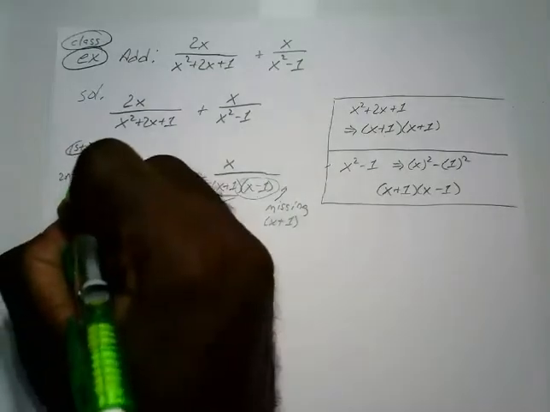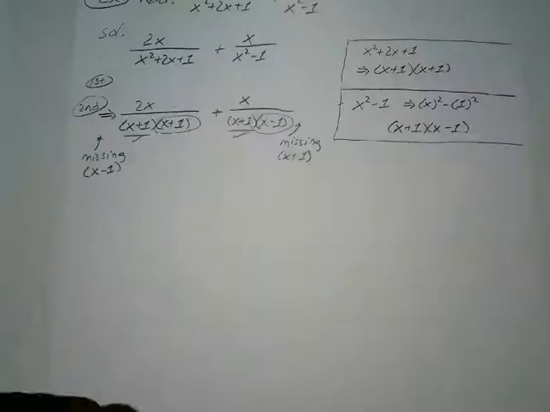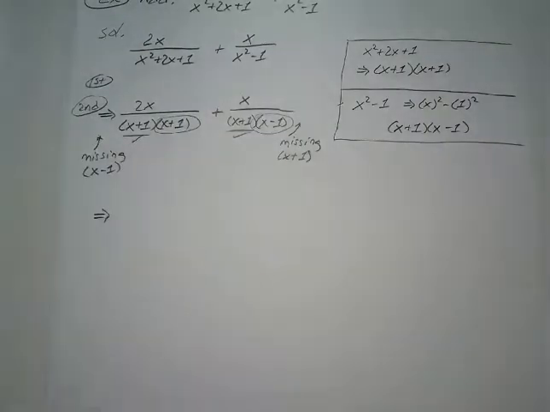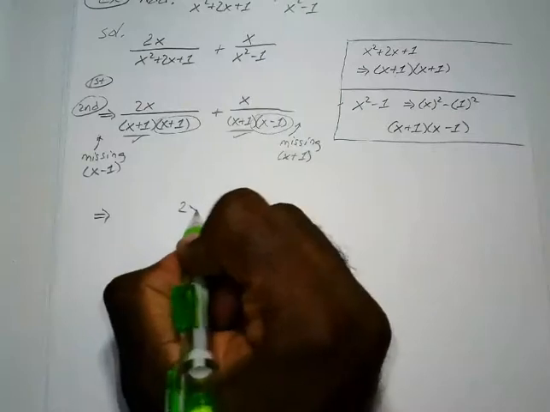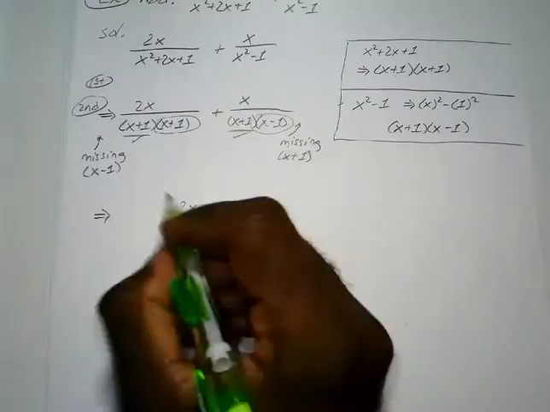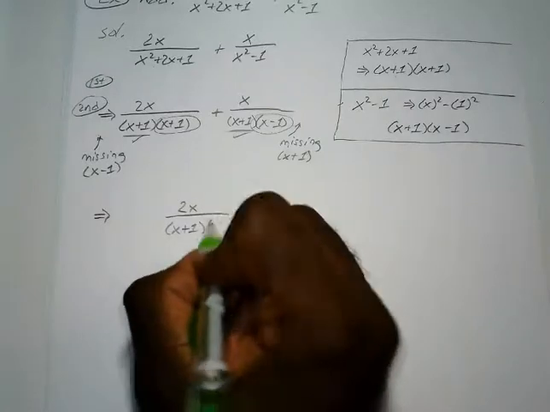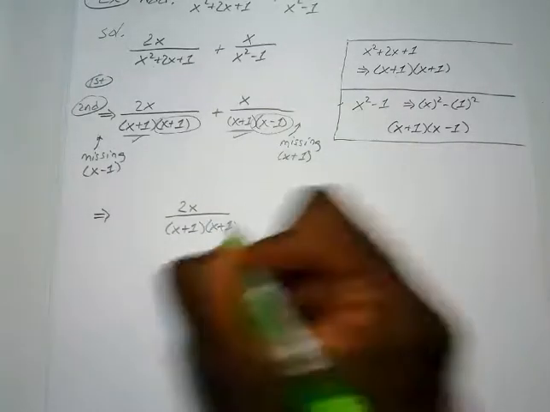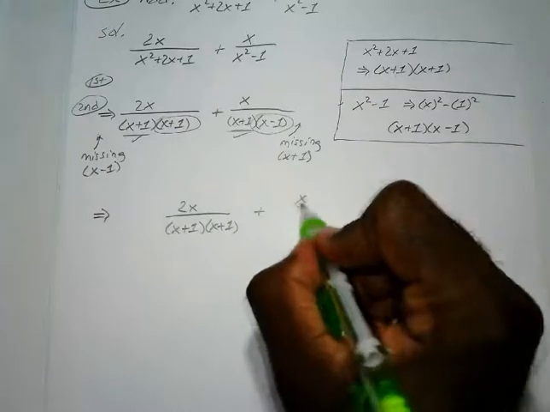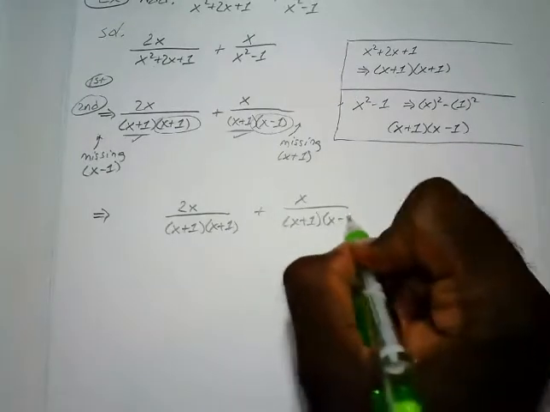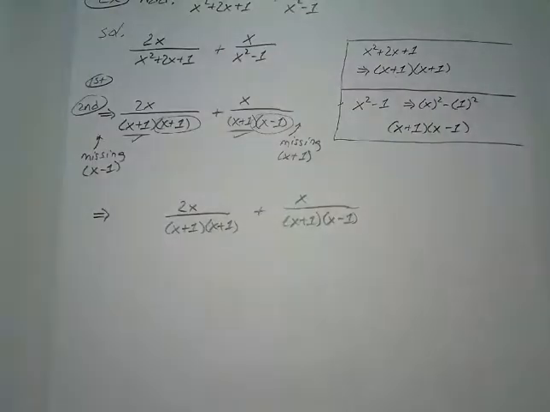So our second step here is we're going to now match up our denominators. If we have our 2x, I'm just writing the original problem, 2x over x plus 1 times x plus 1, plus x over x plus 1 times x minus 1.